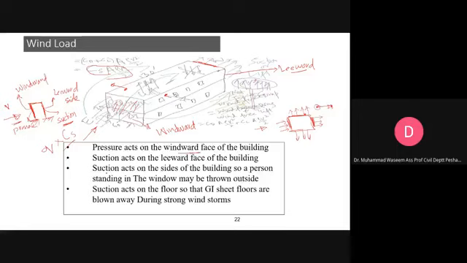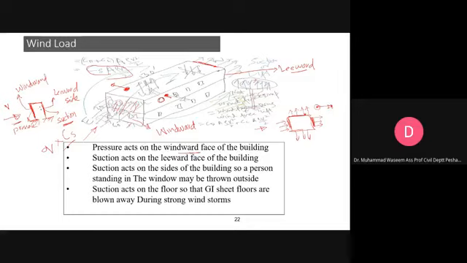Now it says that with suction on the building, a person standing in the window may be thrown outside. Over here we have suction, and to this side we have suction, so this will try to pull anybody standing in this window. To this side you will also experience suction, and inside the building you will also experience suction.